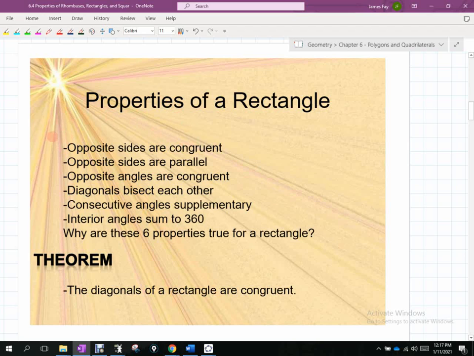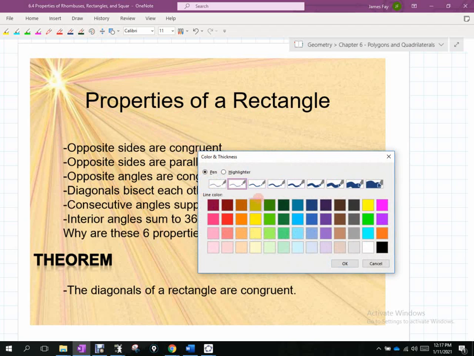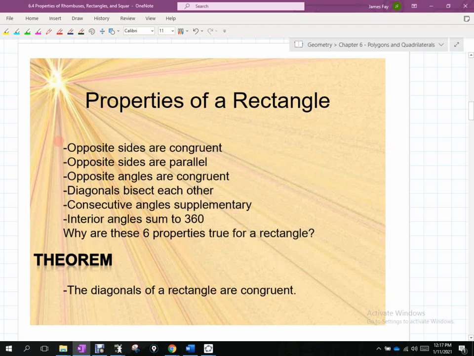I guess there's 6 if we talk about supplementary. I was saying 5, but I forgot the supplementary consecutive angles. But those 6 things are true for a rectangle. I would not write those because you already knew that. Why did you already know that?